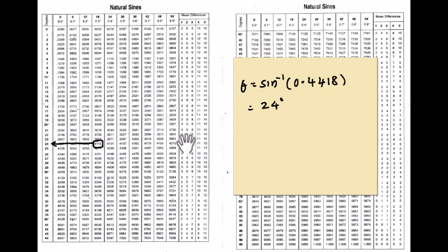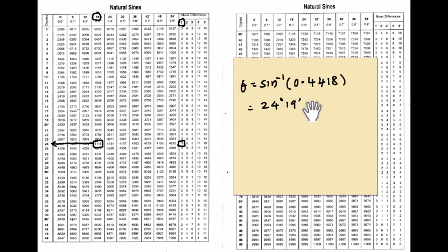So I need to add 3 to it, right, to make it 4418. So in the same line, I will go here and see, I see 3 here. If I add 3, then it becomes 4418, right? So this is 18 minutes here, and this is 1 minute here, so it becomes 19 minutes, because remember, the mean difference is to be added, and the minutes are also going to be added, right? So this is how the natural sine inverse function finding works.